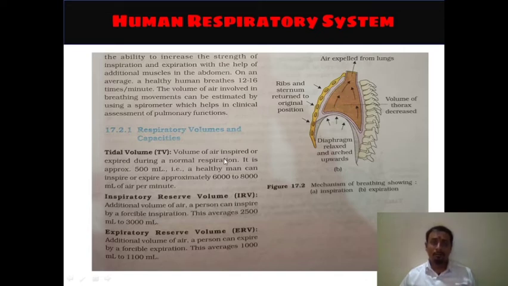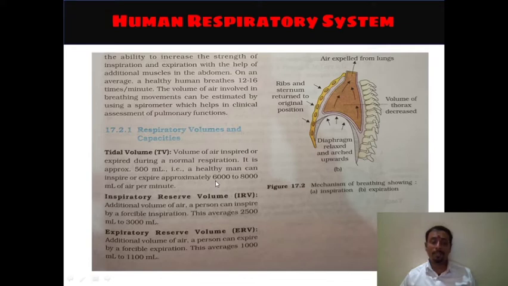It is the volume of air you can inhale or exhale during a normal respiration, approximately 500 ml. A healthy man can inspire or expire approximately 6000 to 8000 ml of air per minute.